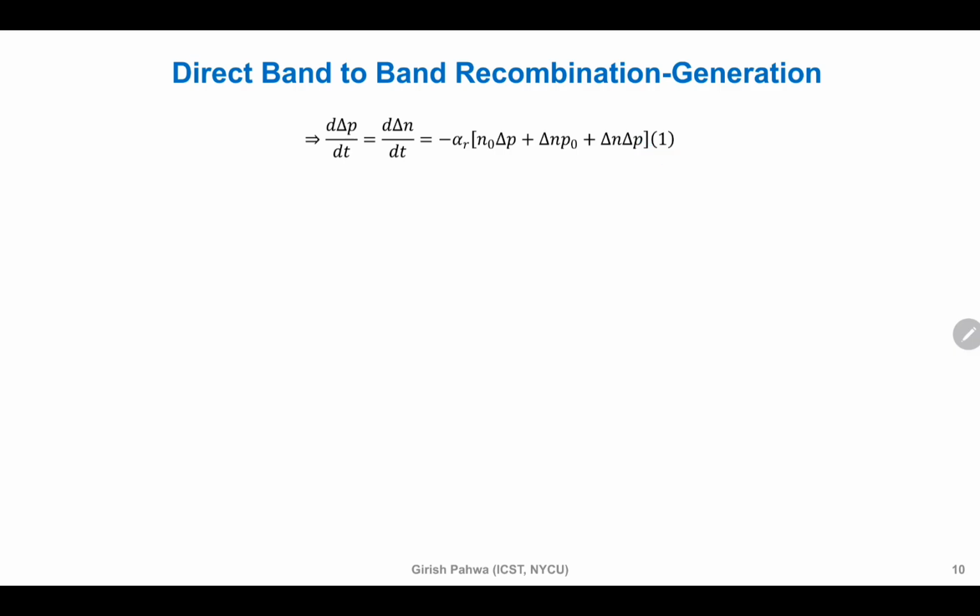Now we are going to make an approximation. I'm going to assume that this delta N and delta P are small. Delta N is much smaller than N naught and delta P is much smaller than P naught. This is called low level injection. Low level injection means delta N and delta P are small.